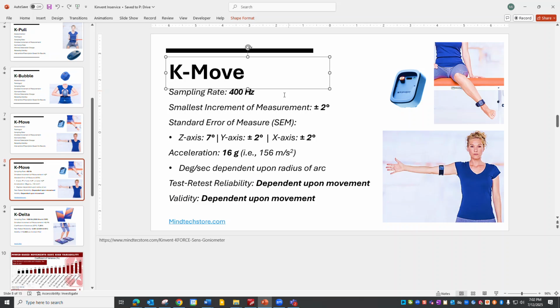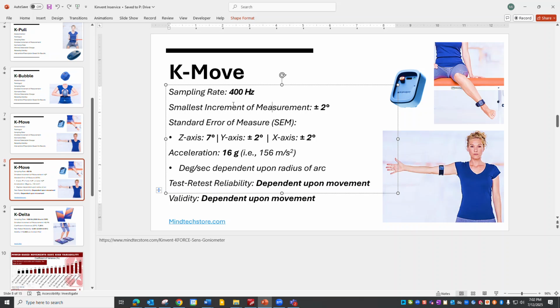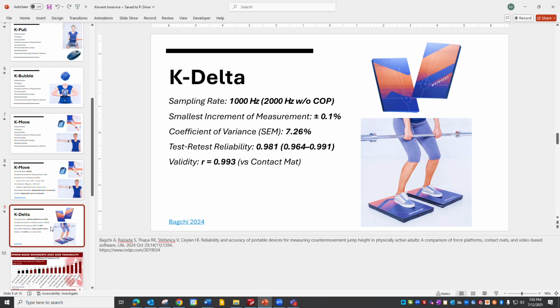So I'll be like, okay, what's the K Move? Sampling rate, smallest increment of measure, plus or minus 2 degrees. You can find all this in the manual or online. Standard error of measure based off the different axes, the acceleration, test-retest reliability is going to be dependent on the movement, obviously, and then the validity as well. But it's within plus or minus 2 degrees.